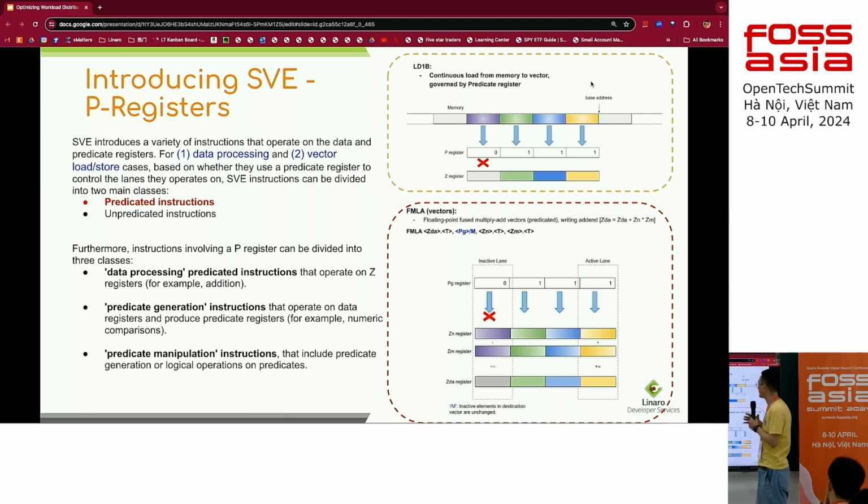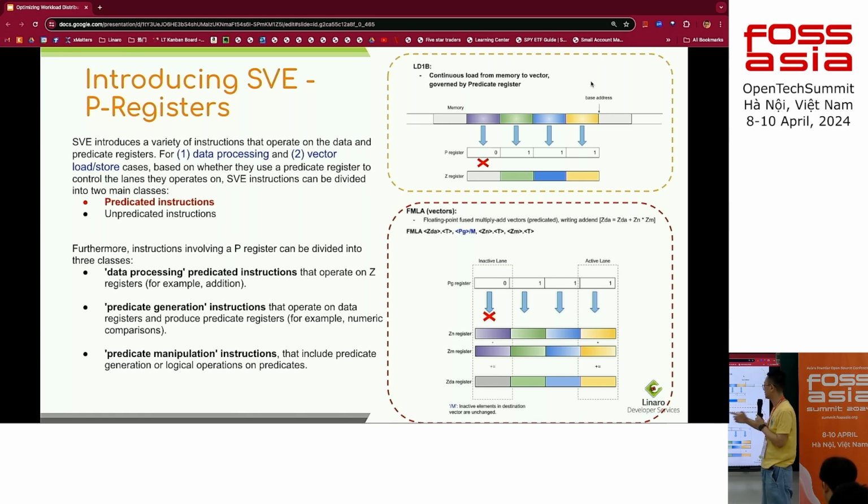You don't need to move or copy the lane somewhere else. You just keep it here, put a 0 mask in the predicate register, then issue the instruction, and everything gets done for you.